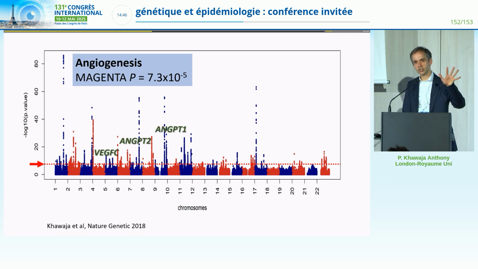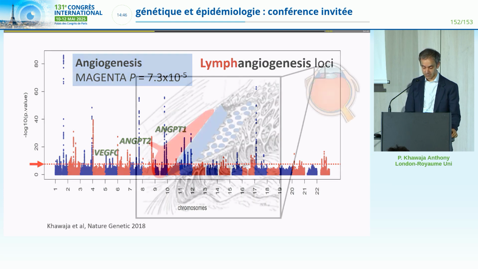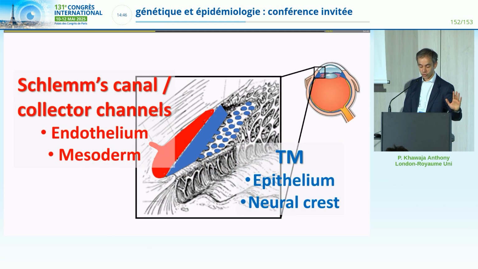And then when looking at the genes that were mainly driving it, it started to become clear. It wasn't blood vessel genesis, it was lymphatic vessels, lymphangiogenesis. And we're learning more and more now that Schlemm's canal, which even though it's very near trabecular meshwork, is a different embryological origin and is a completely different tissue type. Schlemm's canal and collector channels are actually lymphatic vessels.